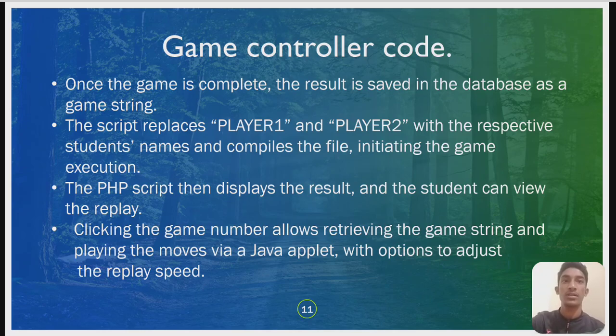The PHP script then displays the result and the students can view the replay. Clicking the game number allows retrieving the game string and playing the moves via a Java applet with options to adjust the replay speed.